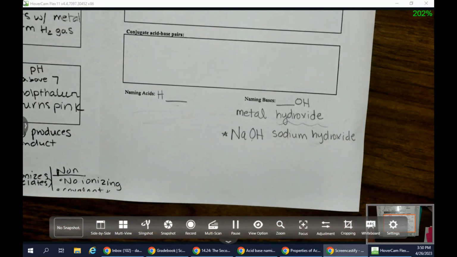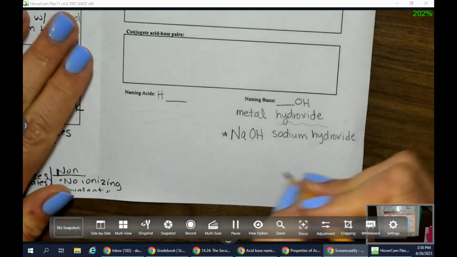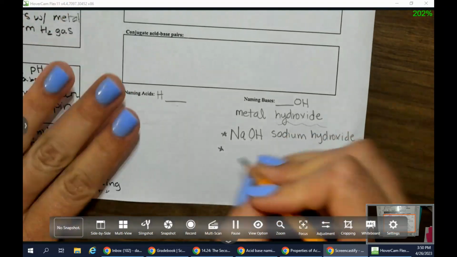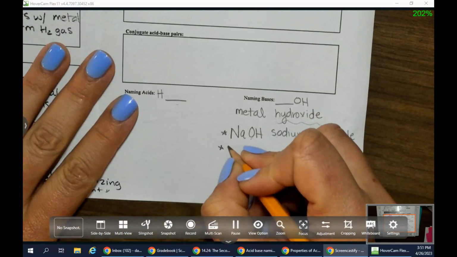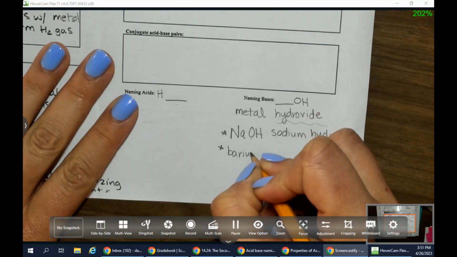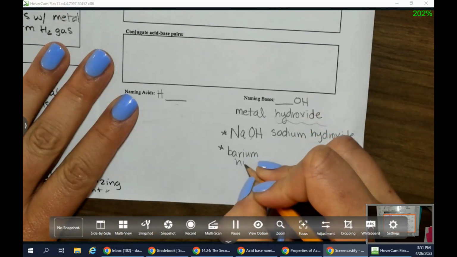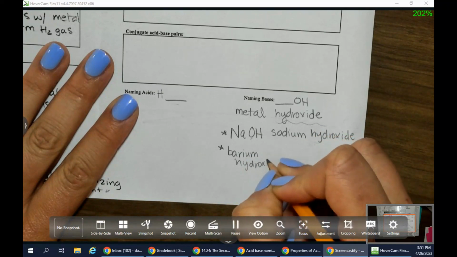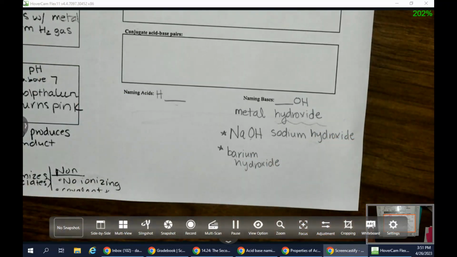If I give you the name and ask you to write me the formula, for example, if I give you barium hydroxide, then you got to think back to crisscrossing charges.